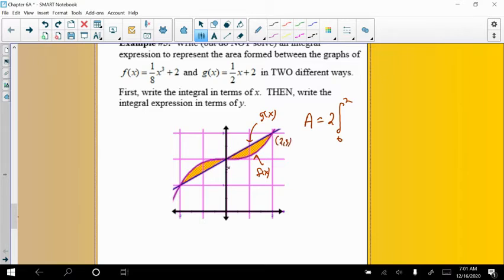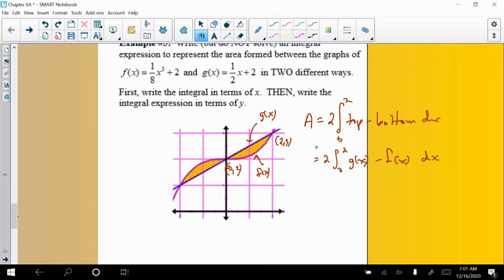I'm going in terms of x, top minus bottom, and I'm doing 2 of them because by symmetry they'll have the same area. So 0 to 2, the top function is g of x and the bottom function is f of x, dx.